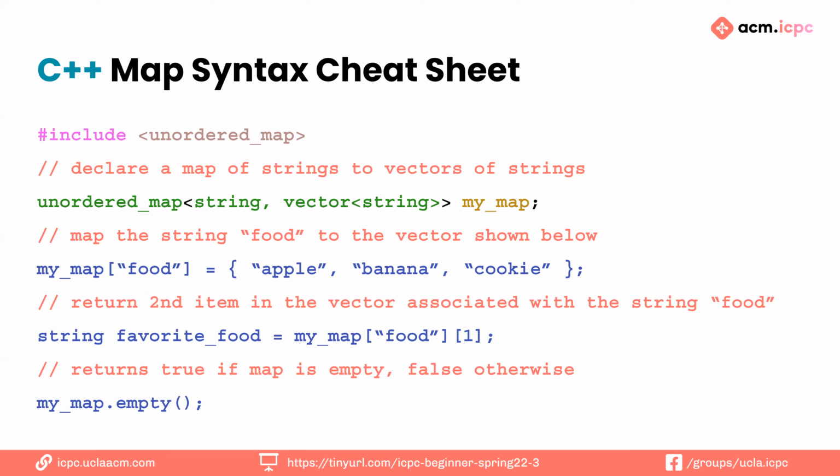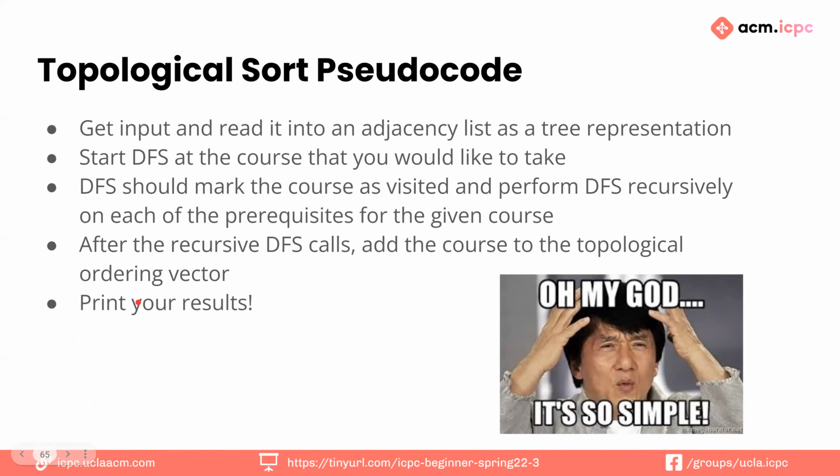Do you know what a map is? Okay, cool. What I like to think is that a map is just an array that uses objects as indices instead of numbers, because C++ has a really nice syntactic sugar for it.